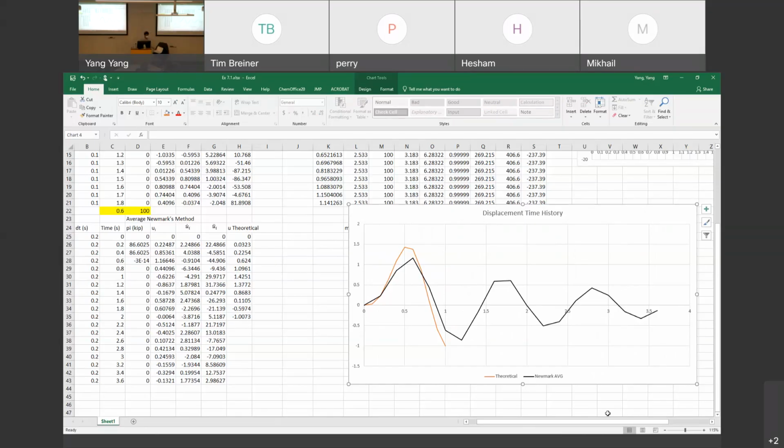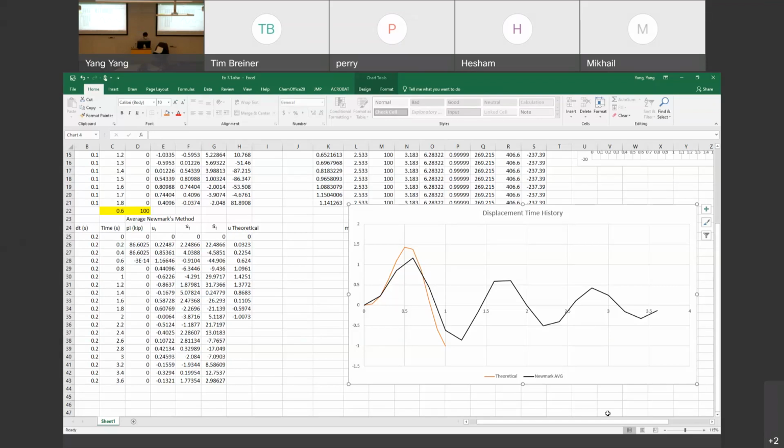As long as you follow the procedures for both methods, you should be able to get it to work. And I think this is the start of your project. You may also use the spreadsheet to help you finish your project.